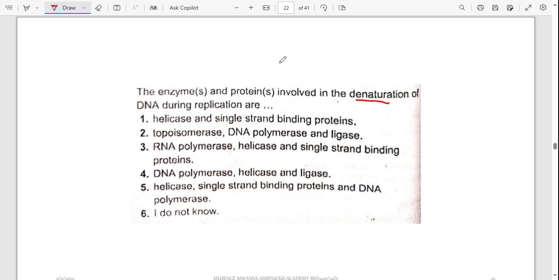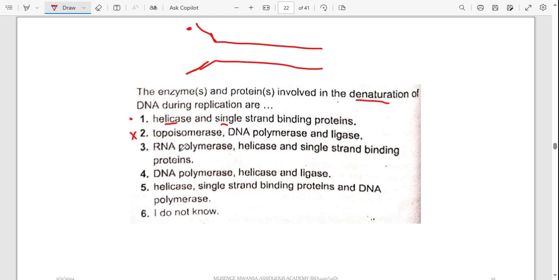Remember denaturation, you have got this double-stranded DNA, but you are trying to separate it so that it can become like this. So helicase is playing a role. Single-stranded binding protein, of course, is also preventing the strands coming back together, but let me put a dot. Topoisomerase, really not in denaturation.